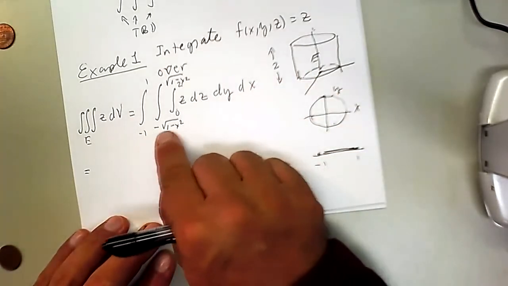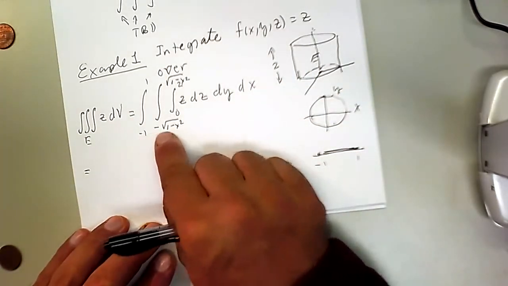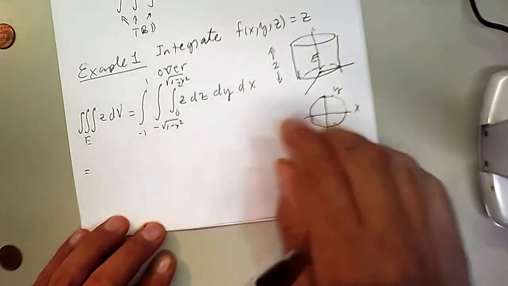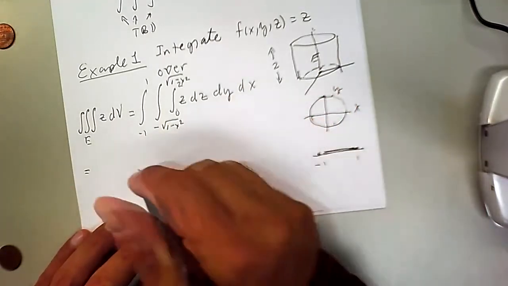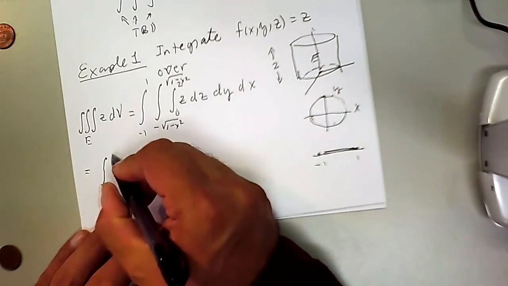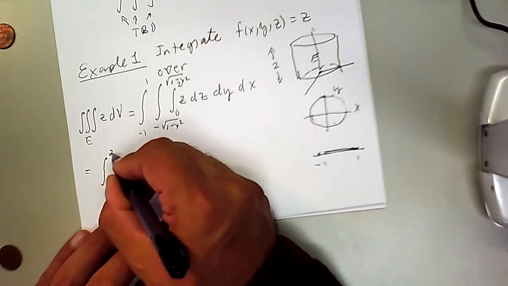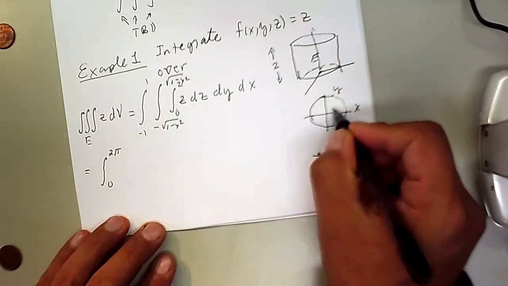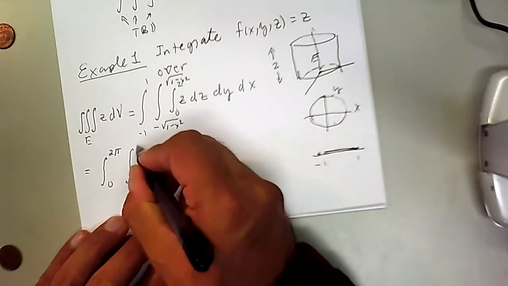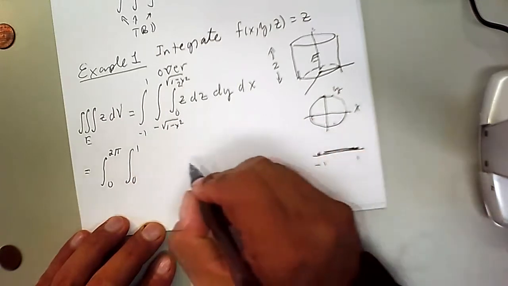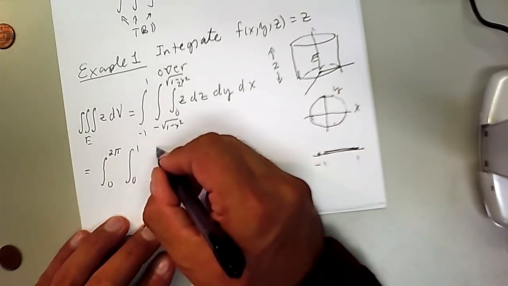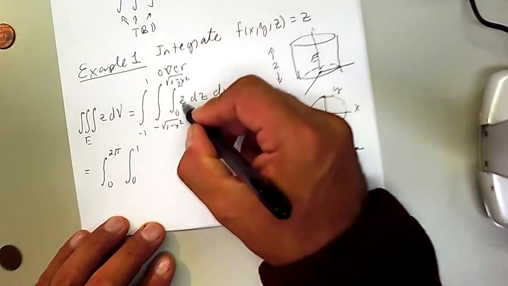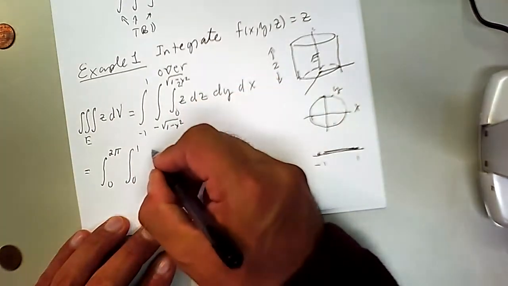Those two integrals, which correspond to the circle on the xy plane, are going to be changed into 2 pi, from 0 to 2 pi on the angle theta, from 0 to 1 because we have a unit circle. And then the z will go from 0 to 2.